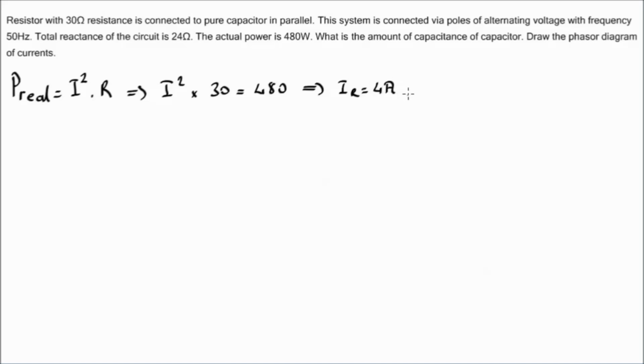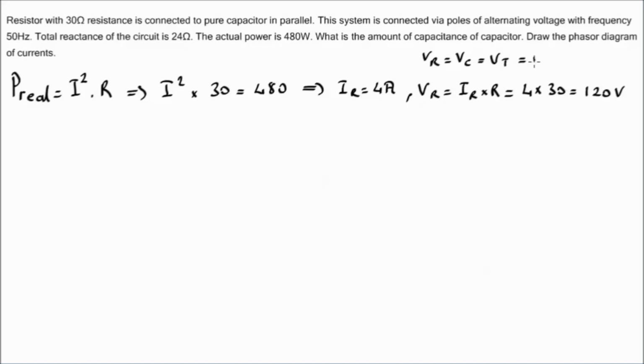And I have to calculate the potential difference. VR equals IR times R. IR is 4, R is 30, so it's going to be 120 volt. VR and the VC and the V total are all equal to each other.